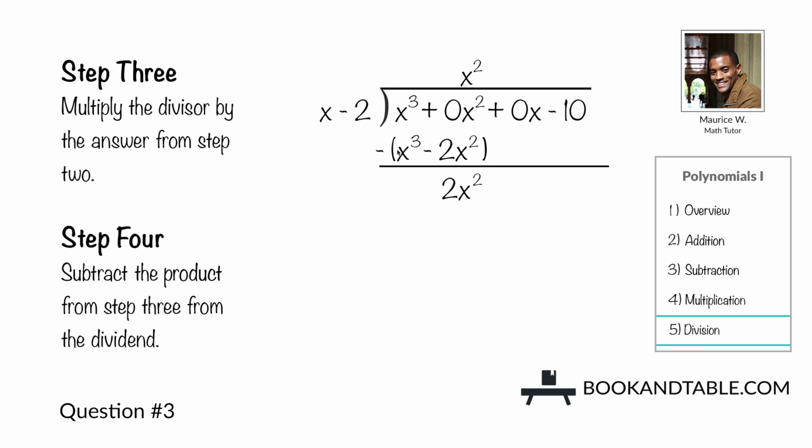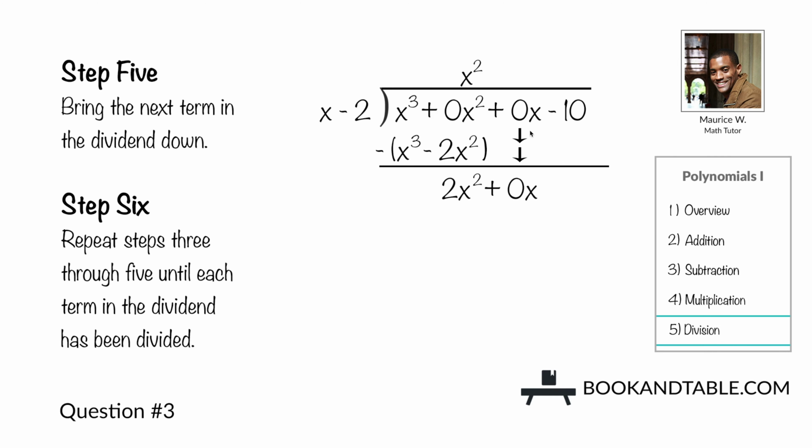And now we want to subtract this product from the dividend, giving us x cubed minus x cubed, which is 0, and 0x squared minus negative 2x squared is equal to 0x squared plus positive 2x squared, which would be 2x squared. And now we want to bring the next term in the dividend down, 0x, and we can repeat the process.